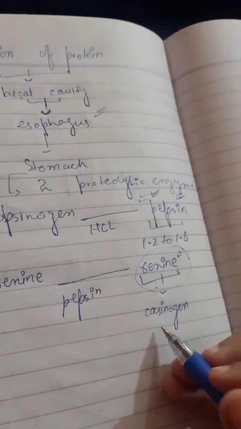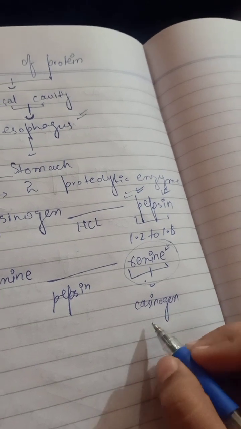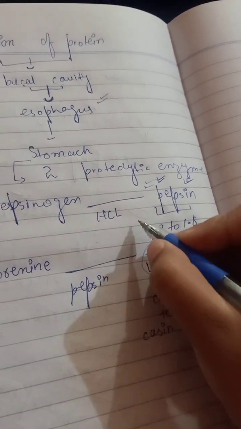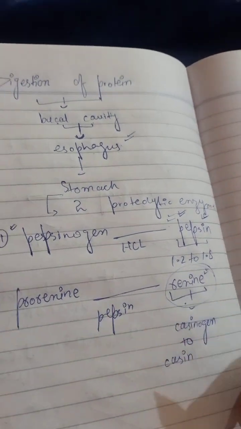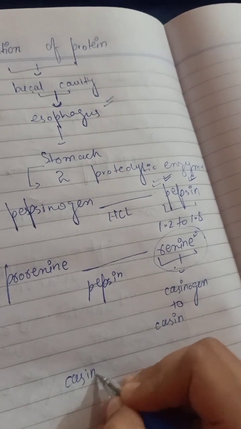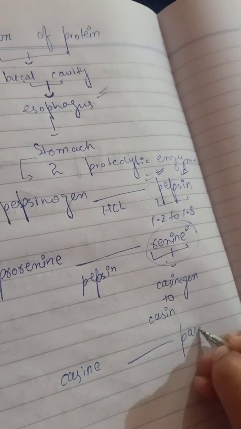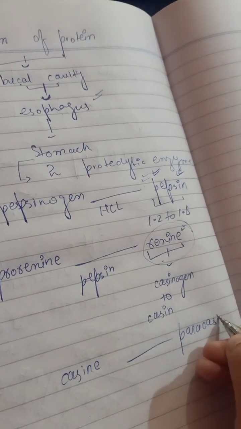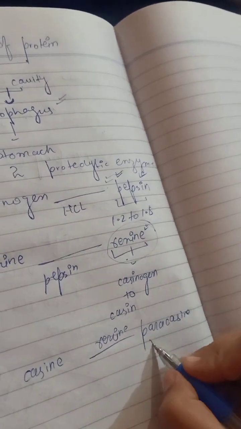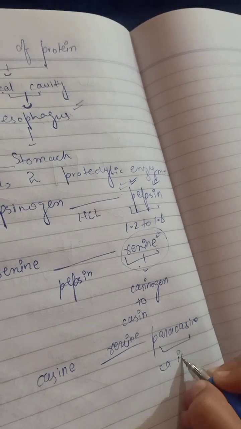Okay, so this caseinogen will convert into casein by renin, sorry. Okay, then casein will convert into paracasein with the help of renin. Okay, this will react with the calcium ions.